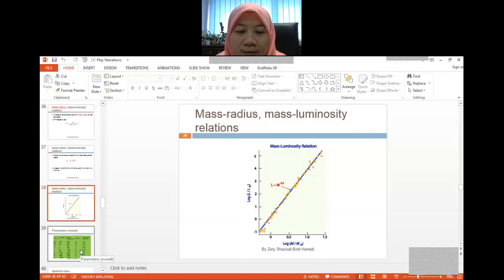So we have L over L of the Sun and also log M over M of the Sun, so we put it in a log formula here. At the center of this graph, it shows that the luminosity is proportional to M to the power of 3.5 of the solar mass. So this is the range of the relationship between the luminosity and the solar masses.